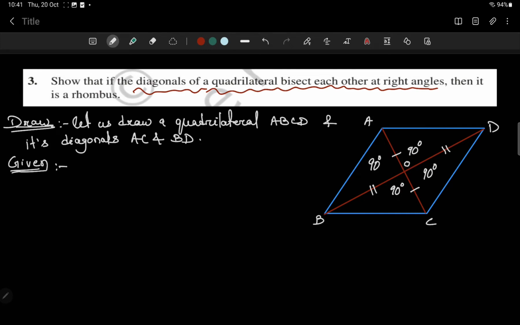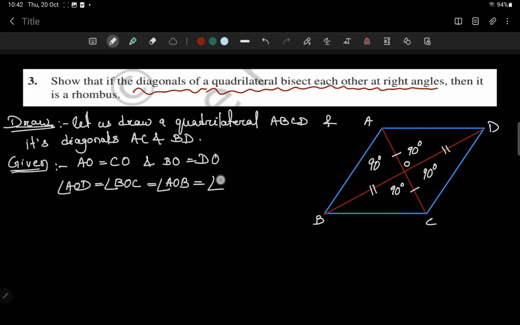Suppose this is O. So given are AO equals to CO and BO equals to DO. This is given, and also given angle AOD equals to angle BOC equals to angle AOB equals to angle COD equals to 90 degree. This much given.